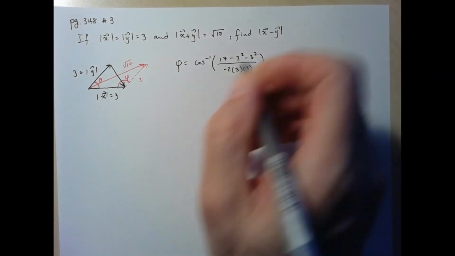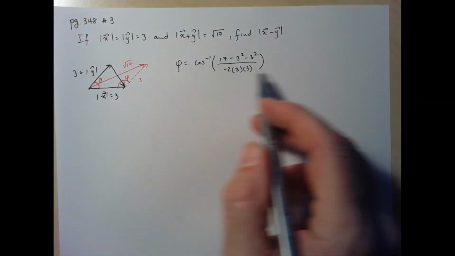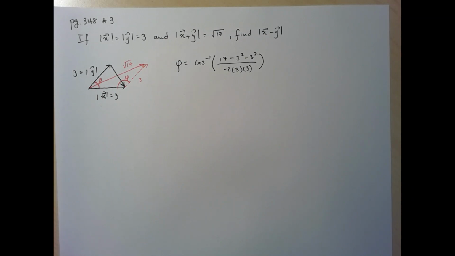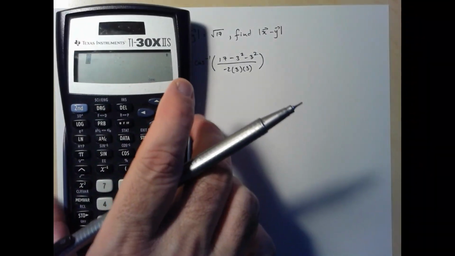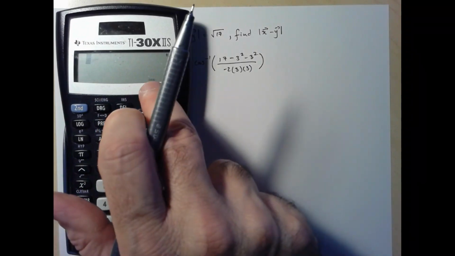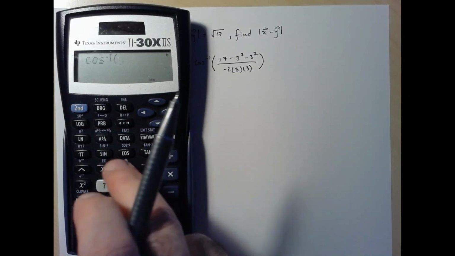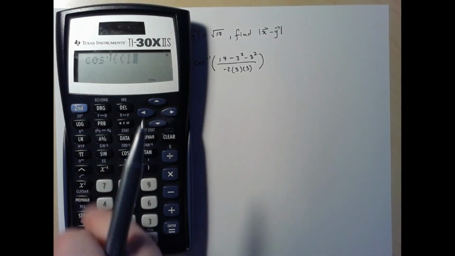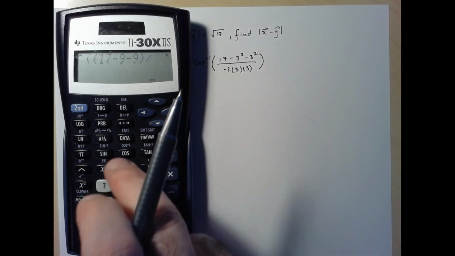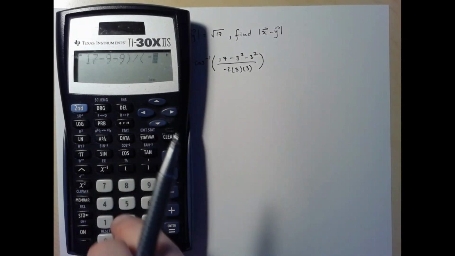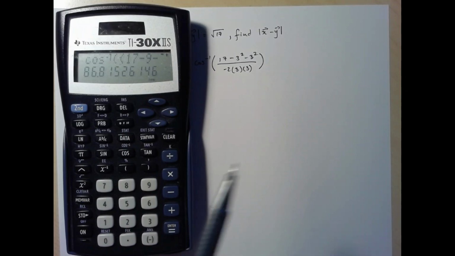Now, I'd go straight to the answer for the angle, but if you want to rewrite the cosine law in its usual form and then solve, you can do that too, of course. Let's calculate that. Make sure your calculator's in degrees. So cos inverse of, and here I'm going to be careful with my brackets, 17 minus 9 minus 9, close brackets, divided by, open brackets again, negative 2 times 3 times 3, and we get 86.8.